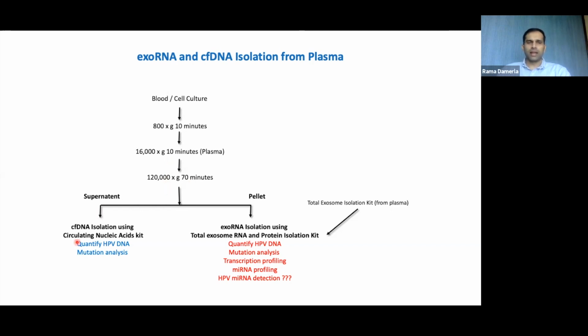And then the supernatant will have circulating free DNA or cell-free DNA. We use a kit to extract the DNA. And then the pellet will have exosomal RNA, so there are exosomal RNA kits. And then this RNA is also a good source to look at microRNA and to see if we can use it for HPV microRNA detection also.